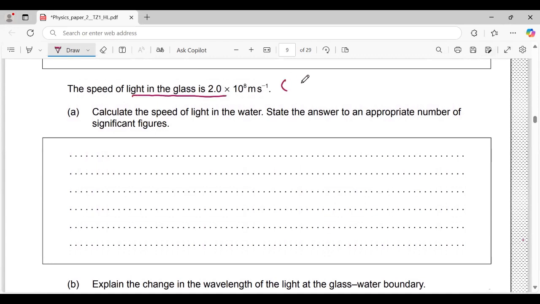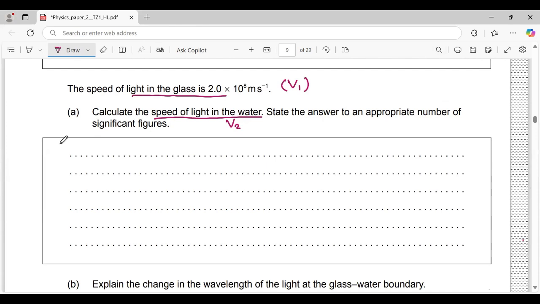We're going to calculate the speed of light in the water. This is V2, the speed of light in water.